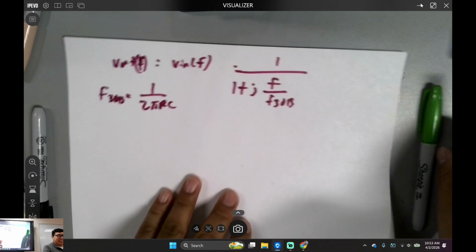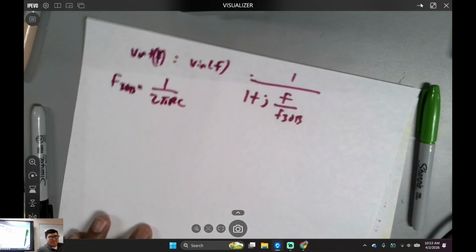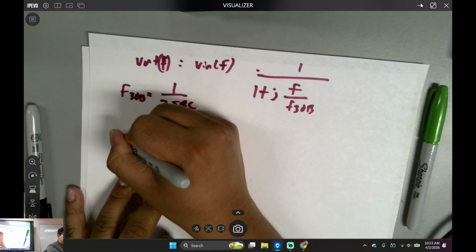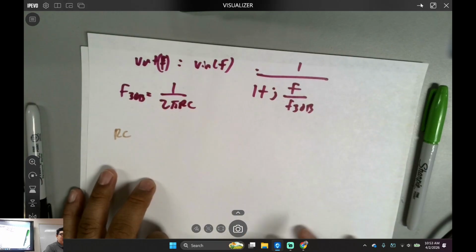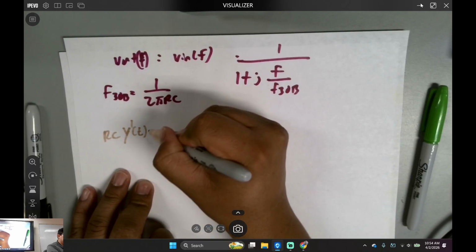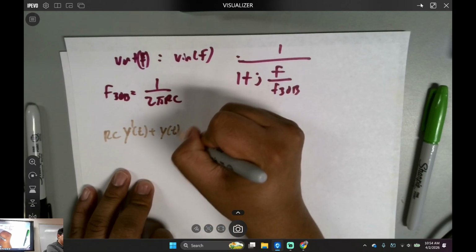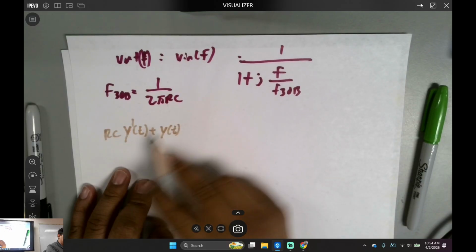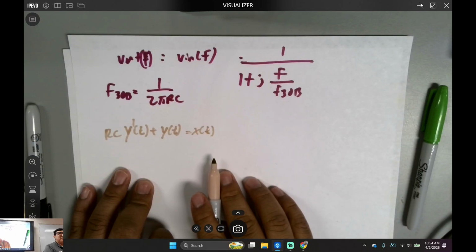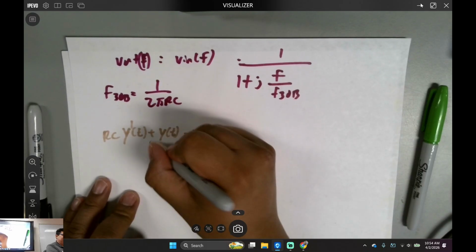Yeah, I'll inject signals and systems. Remember that funny problem I was trying to show you guys? Let me do it right here. RC, can you see that color? Y plus, yeah, is equal to X of t. Do a Laplace transform.